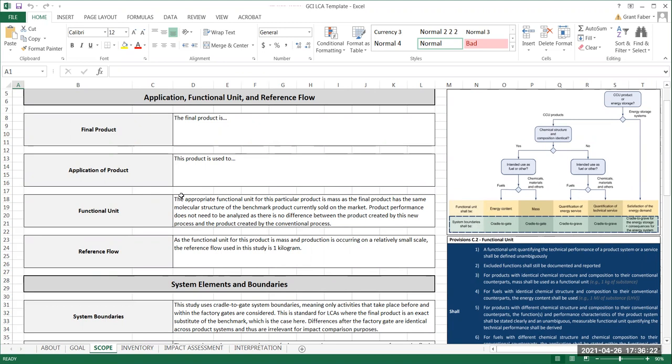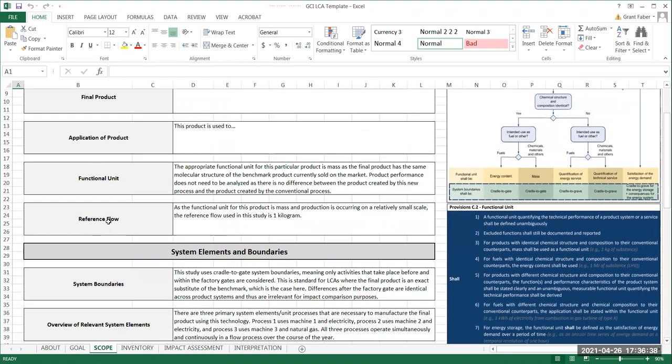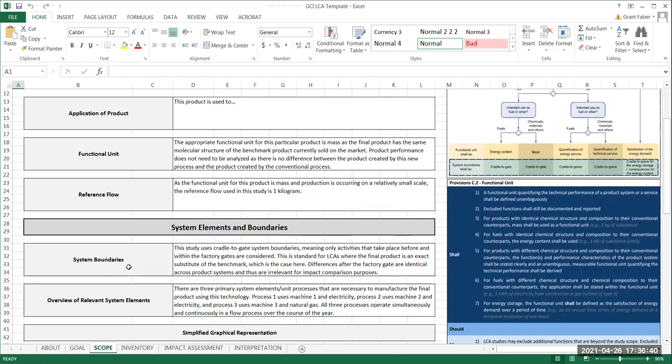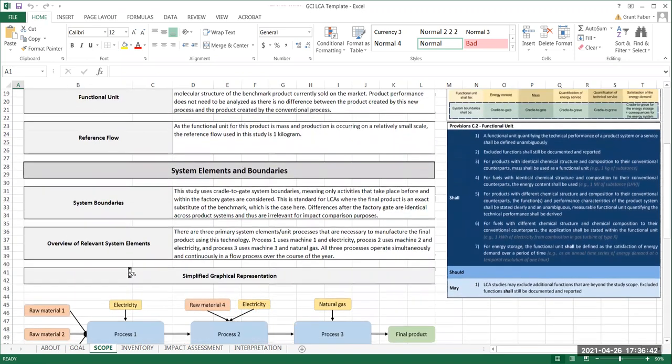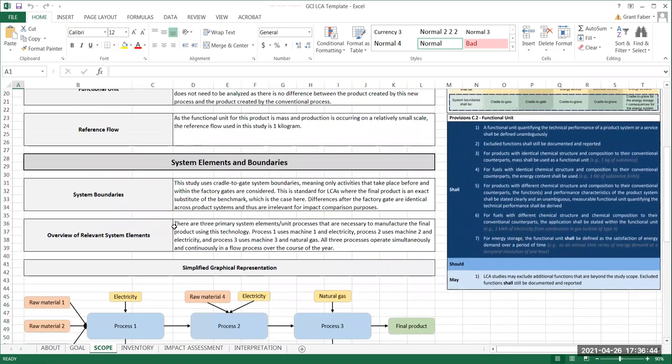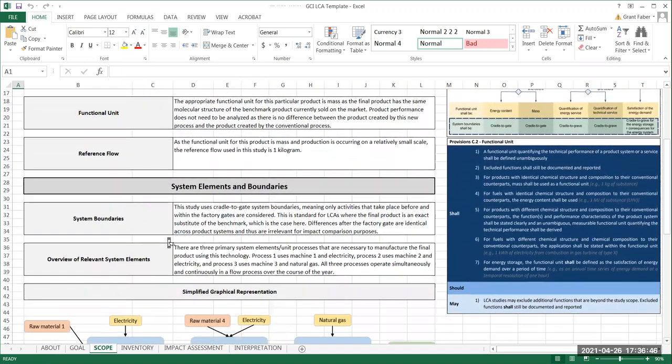A lot of thought needs to go into setting the functional unit, and I won't go into it in this video, but hopefully from these snapshots on the right, reading through the guidelines, and maybe also the AssessCCUS website, you can understand a little more about how to go about setting a functional unit and the kinds of recommendations and pitfalls that might go into that.